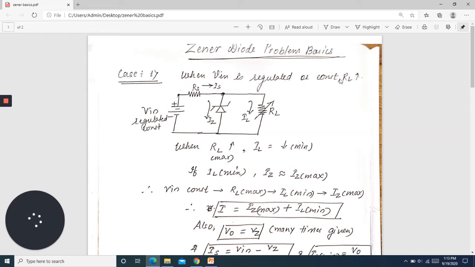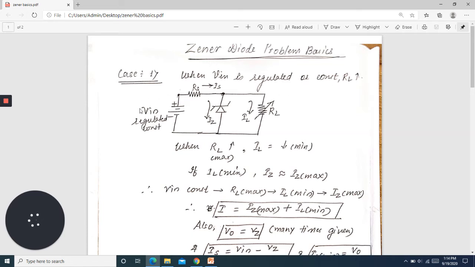By default you need to understand that if they have specified that Vin is constant, then RL is going to change. The current that flows through RL, that is IL, will also change.